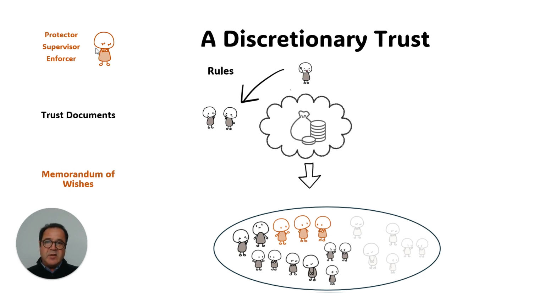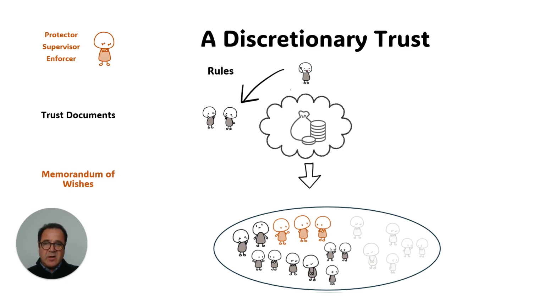When the founder is alive, you don't need this person, because when the founder is alive, the founder has the power, and the most important power, we didn't talk about it, but the most important power is the power to fire the trustees. If the trustees do not do what the founder wants them to do, the founder says goodbye and replaces them with somebody who is more cooperative.